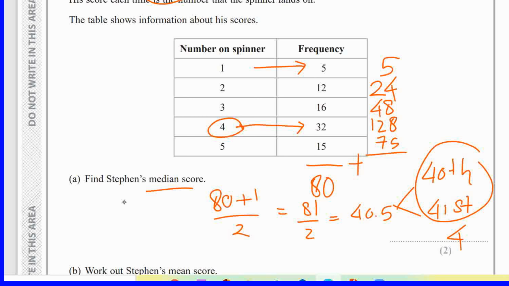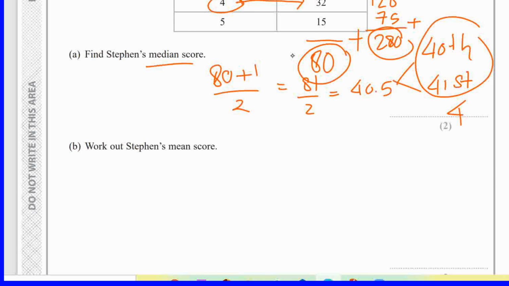Then we add everything with calculator, we get 280, and then we divide 280 by the total frequency, which is 80. We get 3.5 with calculator. Okay, so it's 3.5.